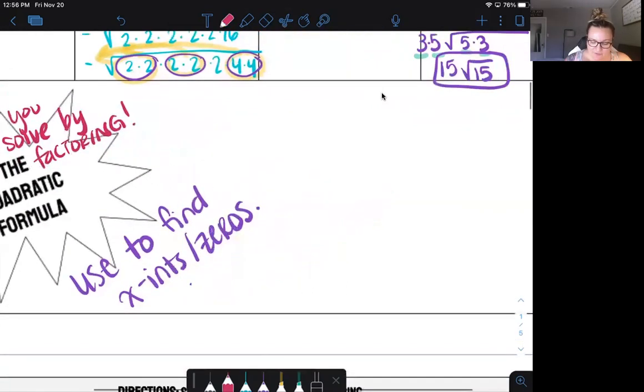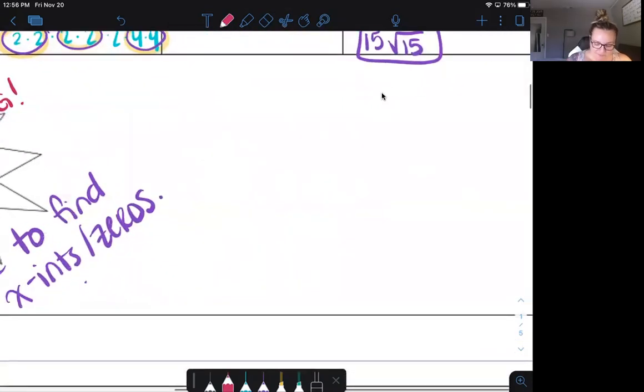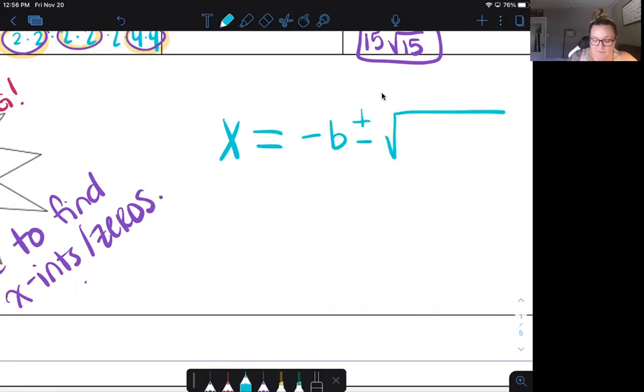So the quadratic formula is as follows. First of all, you need to make sure that you always put x equals out in front of it. This is something I'm really picky about. If you don't have this x equals in front of your formula, I'm not giving you credit for it. Your x values are equal to the following formula: negative b plus or minus the square root of b squared minus 4ac all over 2a.